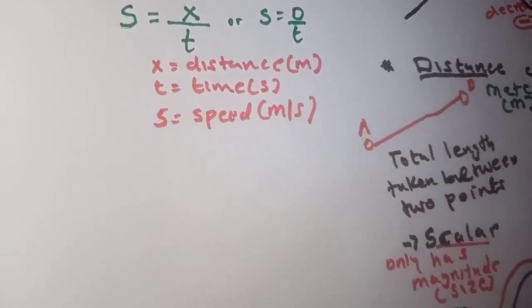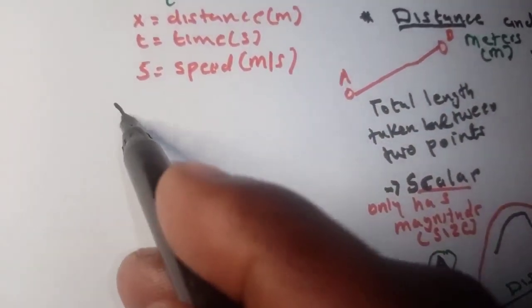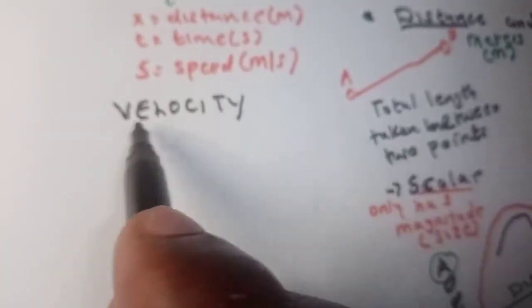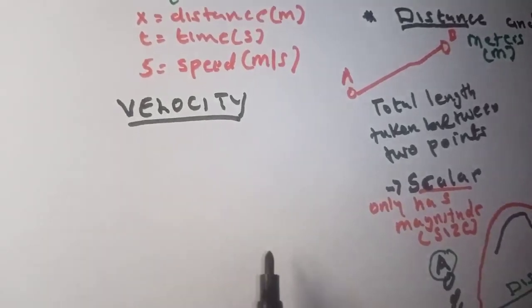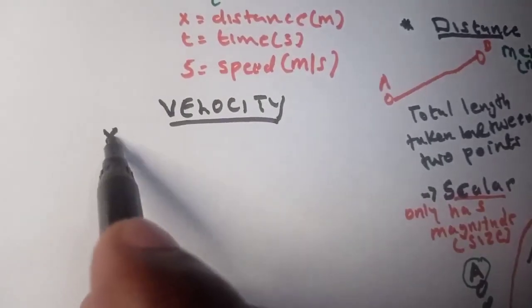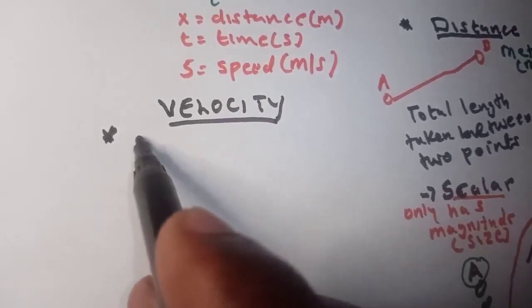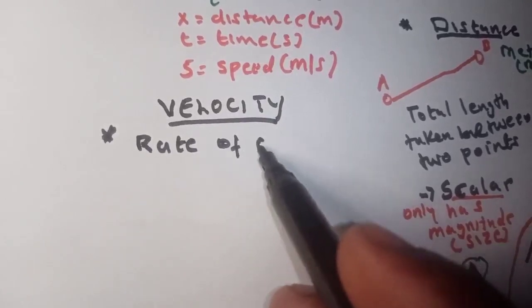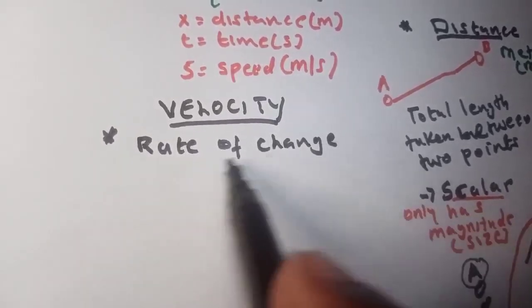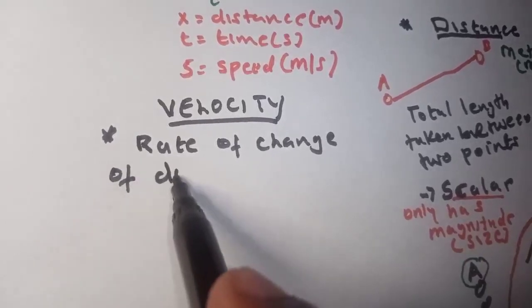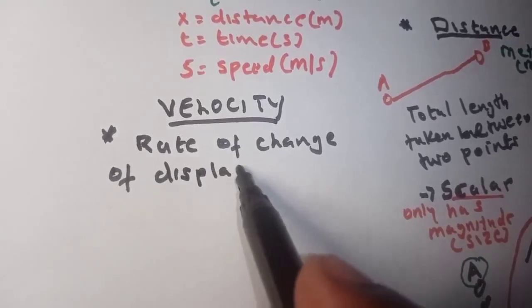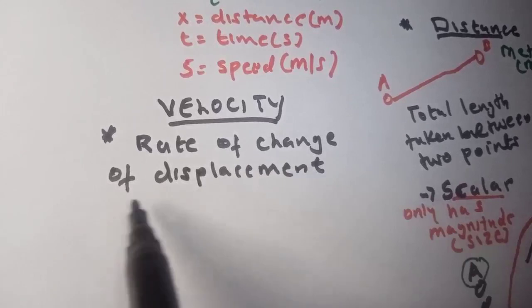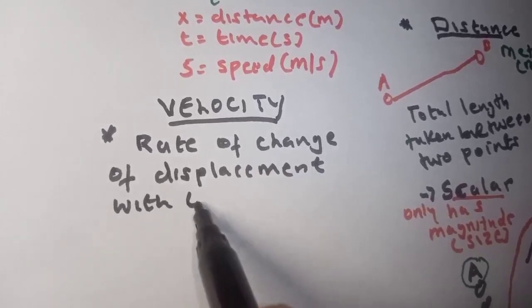So velocity. By definition, velocity is defined as the rate of change of displacement with time.